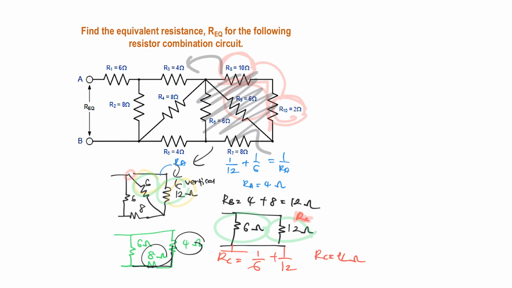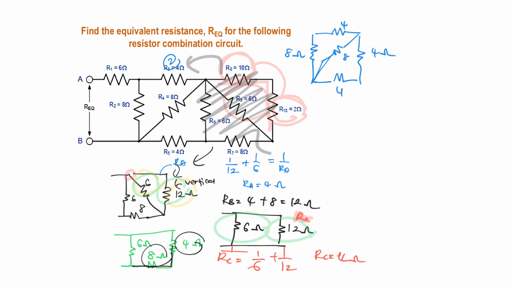Okay, second part. Now the combination is going to be placed in the vertical position. So I'm going to focus on the second diamond shape. Here is 4, here is 8, this is 8 also, and this one is 4, and this combination is the previous diamond, so it's going to be 4.